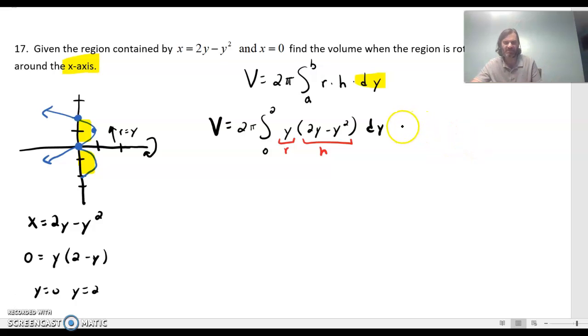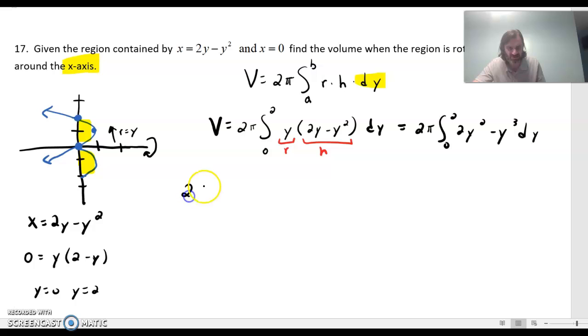So let's clean that up real quick. 2 pi from 0 to 2, so that'll be 2y squared minus y cubed dy. Now we're ready to integrate. So let's see here. 2 pi, we'll have 2/3 y cubed minus 1/4 y to the 4th, and that'll be from 0 to 2.